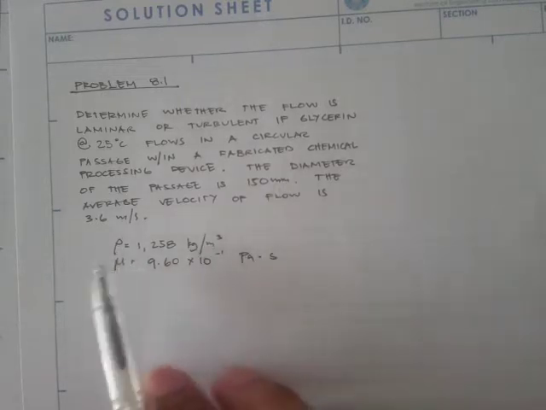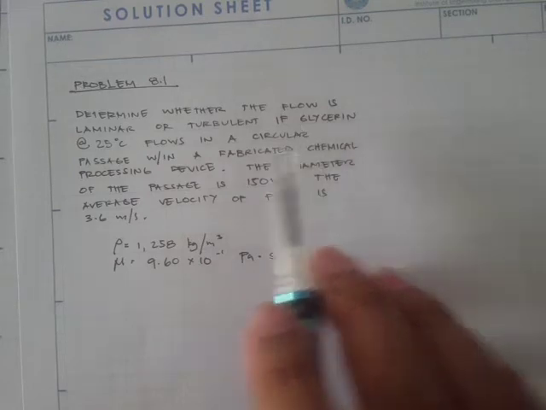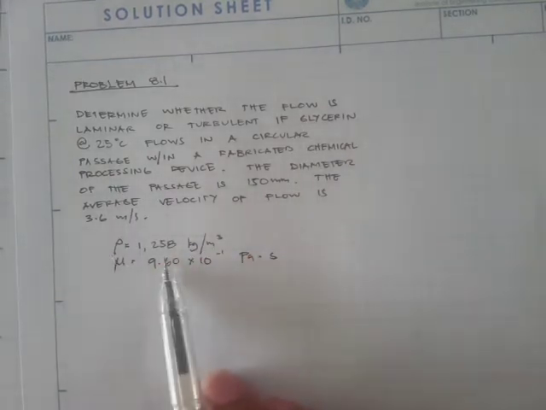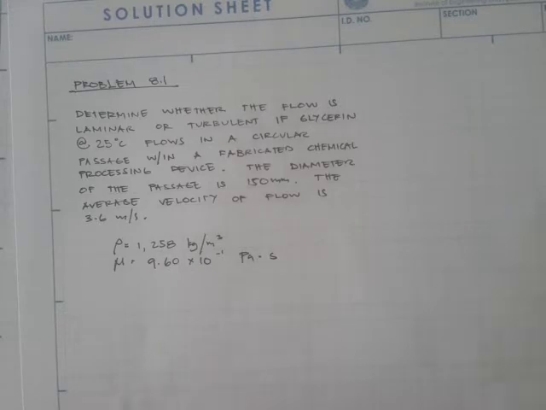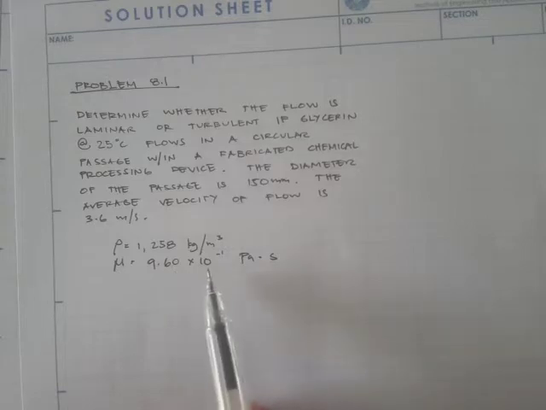We have data already given. For glycerine at 25 degrees C, the density is 1,258 kg per meter cubed, and the viscosity is 9.6 times 10 to the negative 1 pascal seconds.